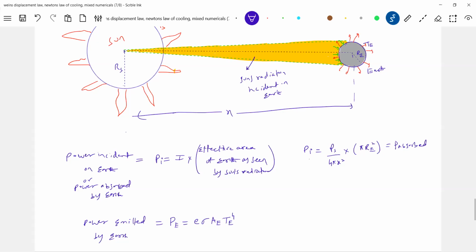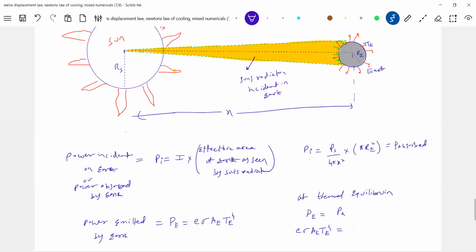Then at equilibrium, what can we write? The incident power should be equal to the emitted power, or the power absorbed should be equal to this one. At thermal equilibrium, the power emitted is equal to the power absorbed. Power emitted is E sigma AE TE to the power of 4.